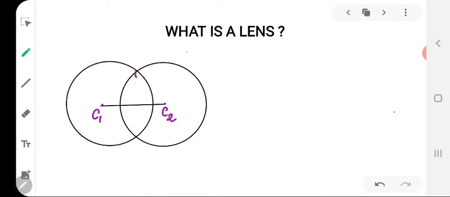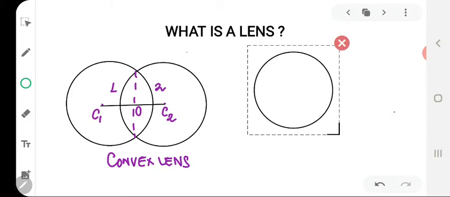This is the axis of the lens. This position, that is the center, is called the optical center, which is marked as O. This is lens surface 1 and this is lens surface 2. In this manner we can have the convex lens. Let's see how a concave lens may be obtained.